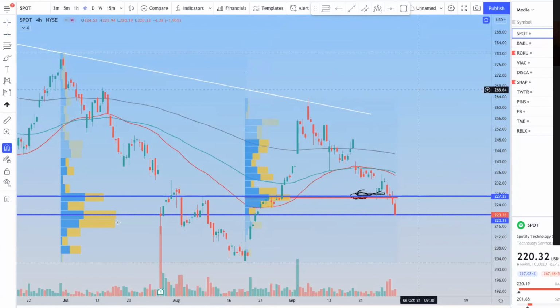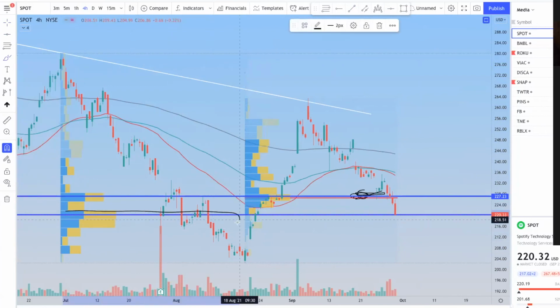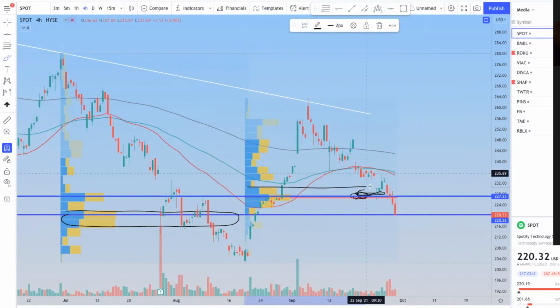Then the volumes, so basically, okay, there's a significant one here. And then you have a little bit around here, right?